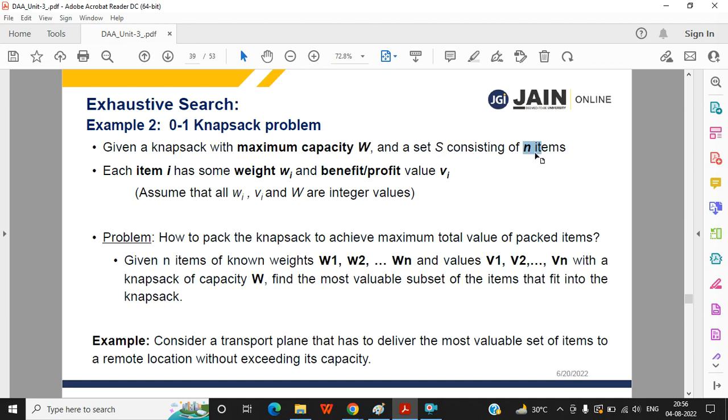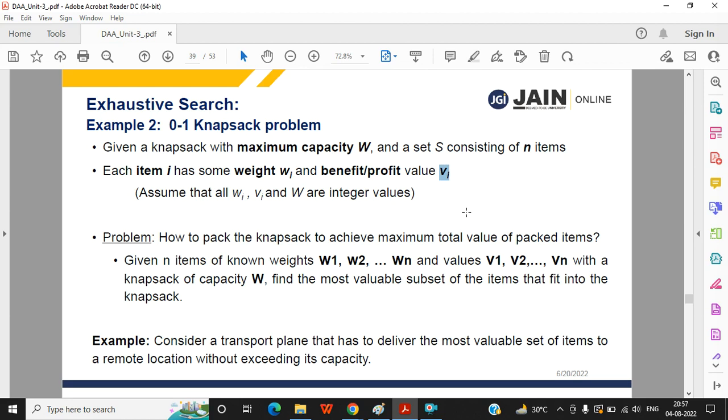You have to select some items from the n items so that the total weight is less than or equal to W. Each of the n items has a weight, let's say the weight is Wi, and each item has some value, that is Vi. So the ith element among all n elements has the weight Wi and the value Vi.